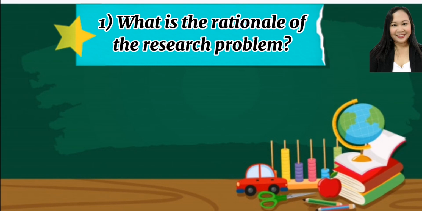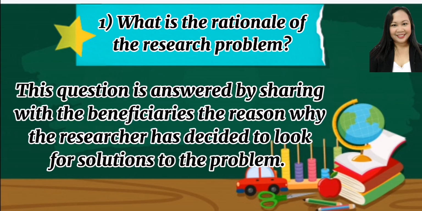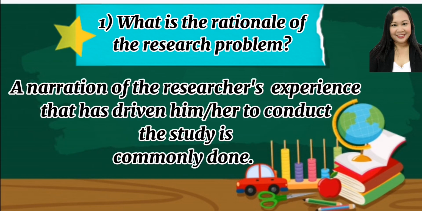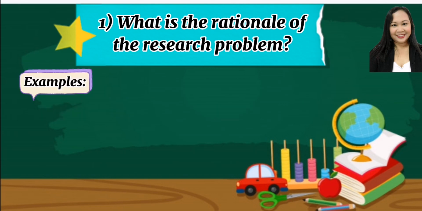First, what is the rationale of the research problem? This question is answered by sharing with the beneficiaries the reason why the researcher has decided to look for solutions to the problem. A narration of the researcher's experience that has driven him or her to conduct the study is commonly done.